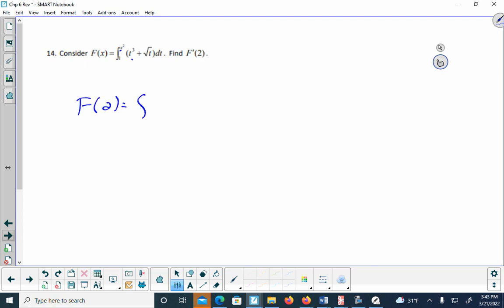So I'm going to rewrite this as x squared to the third power plus the square root of x squared. So now I'm going to rewrite this.